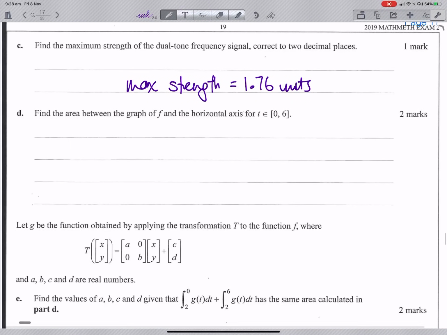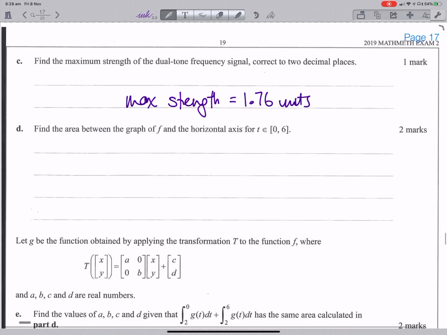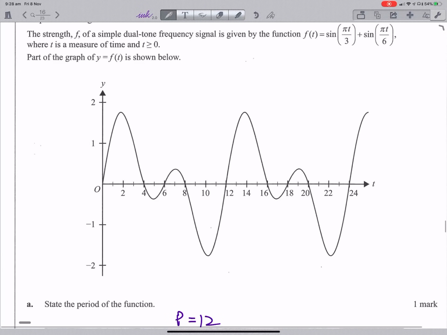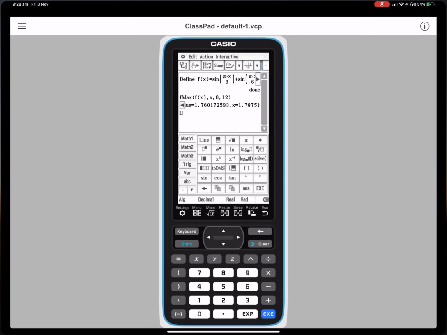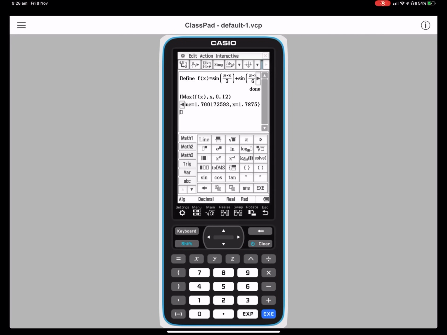Find the area between the graph of f and the horizontal axis for 0 to 6. 0 to 6, mod, because it'll make this positive, f of x dx, f of t dt. Okay.